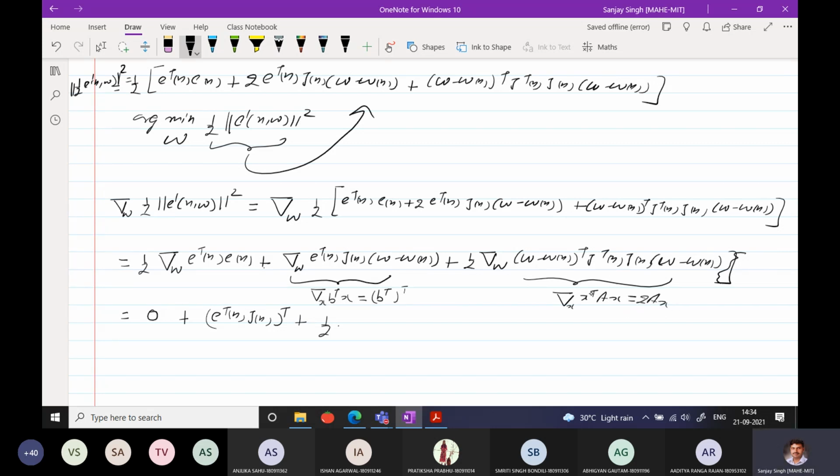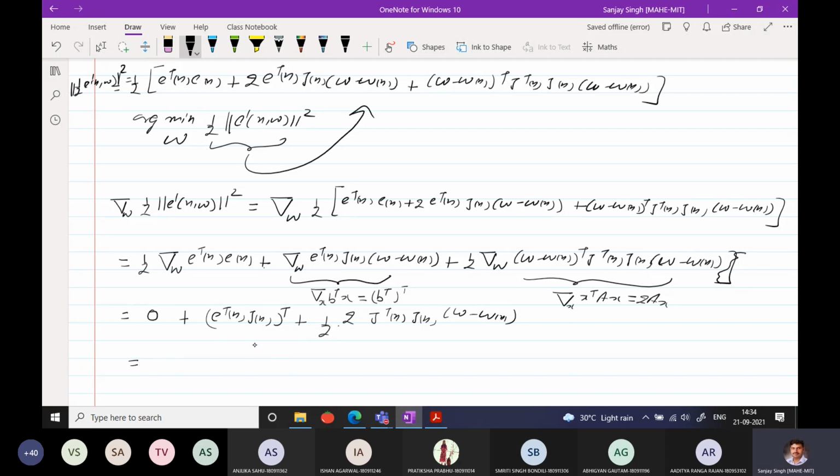In your exam, you don't have to write this; I'm doing this for your understanding only. So 1 by 2, 2A, where A means this part, J_n^T J_n, and x means W minus W_n.